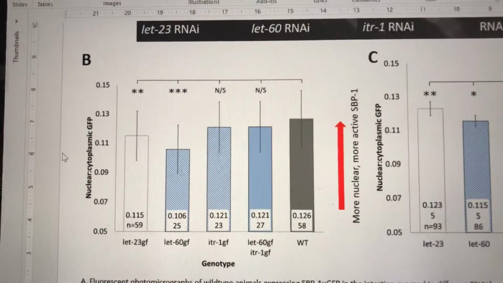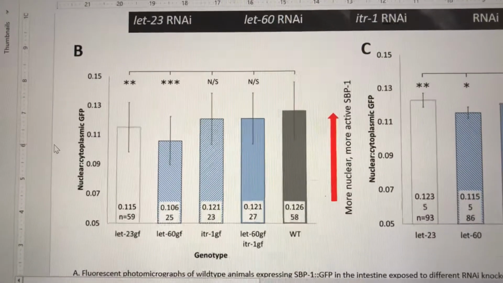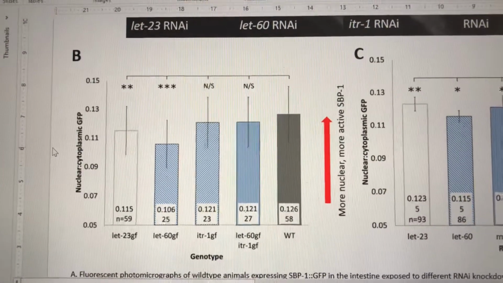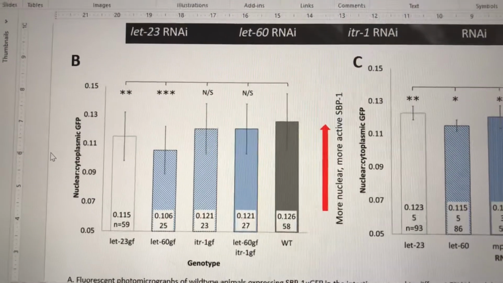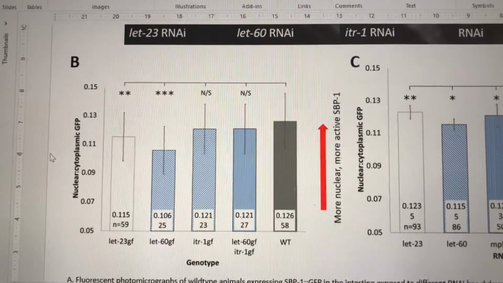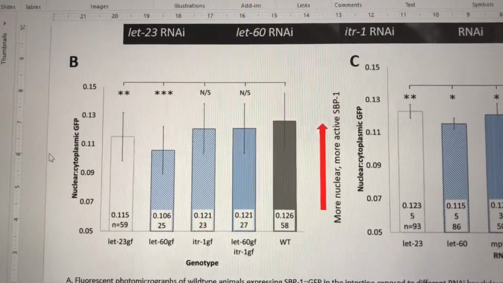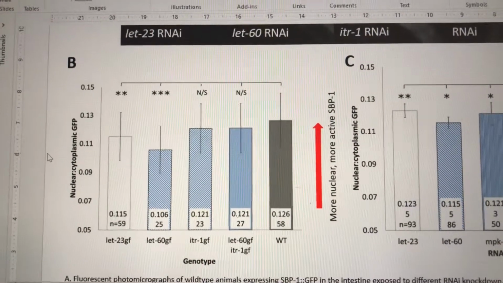And what we found, even though those error bars look enormous, is that if you overactivate LET-23 or LET-60, you get more GFP in the cytoplasm and less in the nucleus. So there's less active SBP1 GFP there, right?